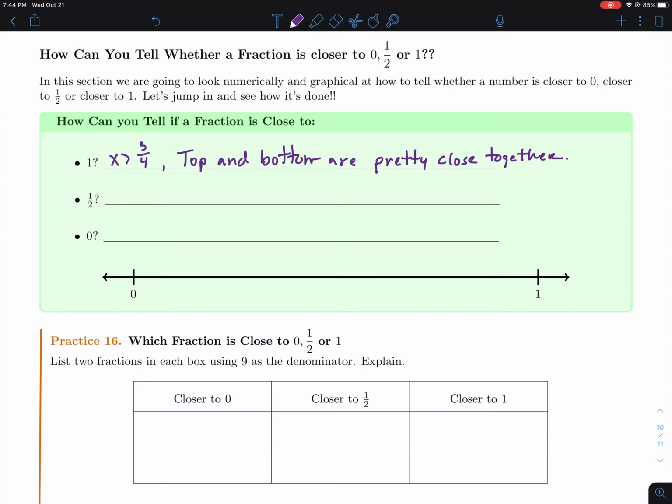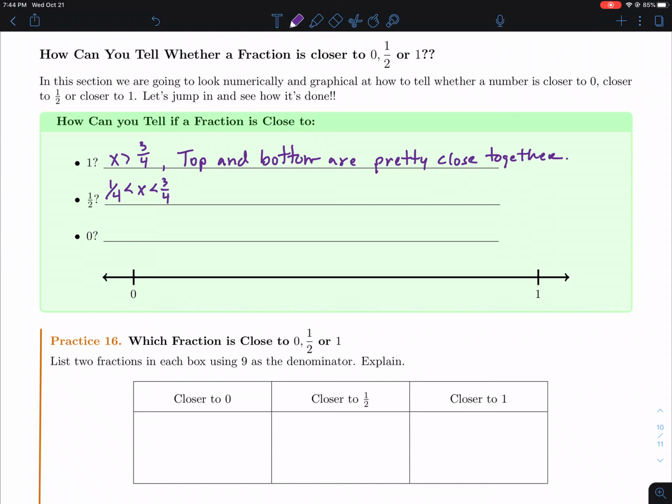All right, now for 1/2. 1/2 has a pretty big range, because it can be less than 3/4, but on the other hand, it can be greater than 1/4. So from an inequality perspective, we're looking at x values that are bigger than 1/4 but smaller than 3/4.